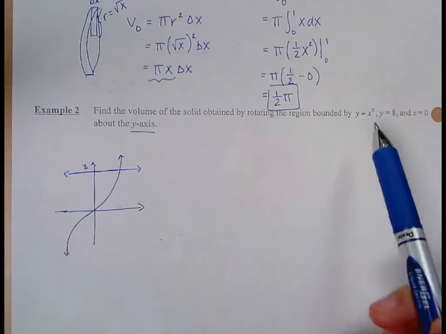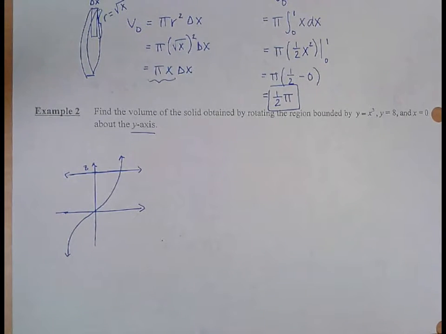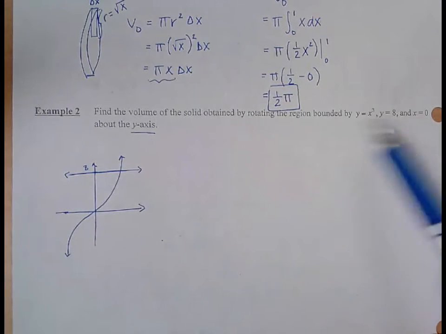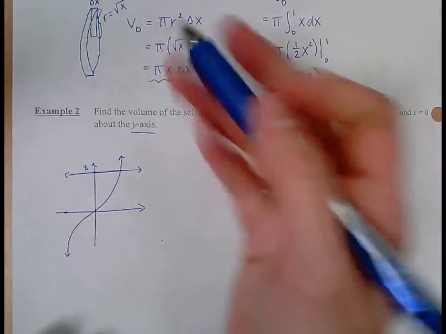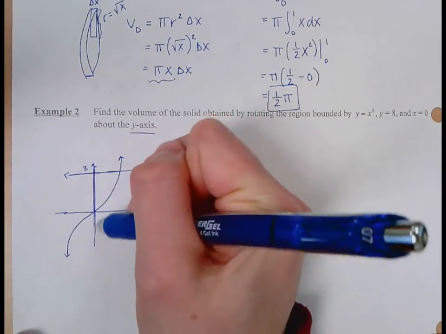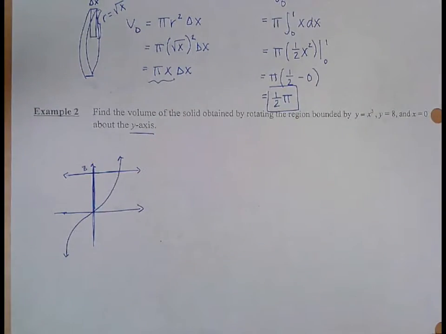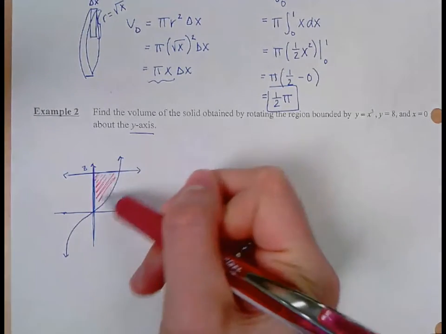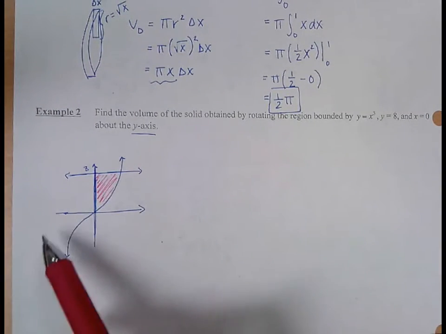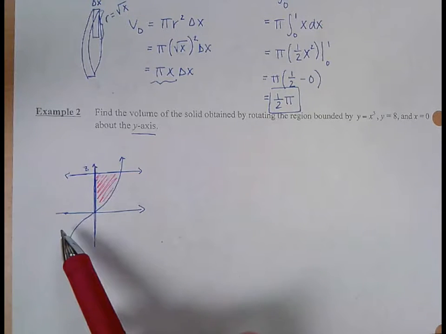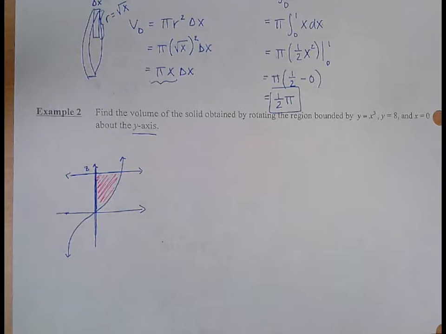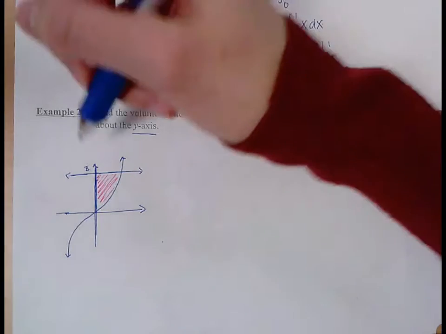Yes, so you're just graphing to picture the region. So y equals x cubed, I have that curve. I have y equals 8. X equals 0 is the y-axis. So the part that's bounded by all three of those would be this part here. I know I drew this part that's in the third quadrant for y equals x cubed, but I'm not dealing with that part of my curve. And I'm rotating this about the y-axis.